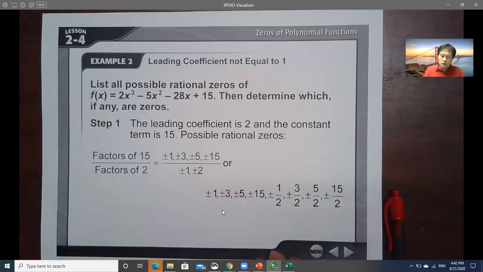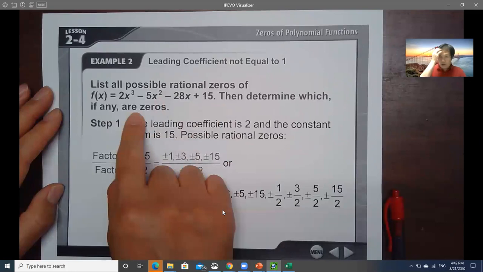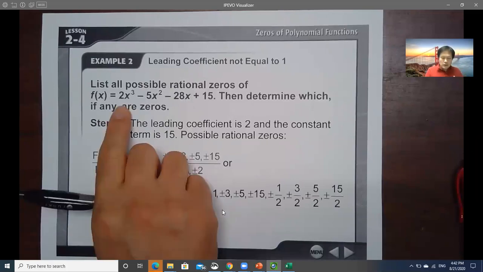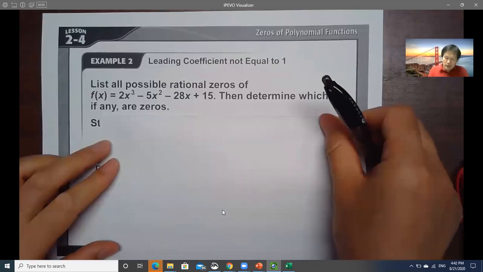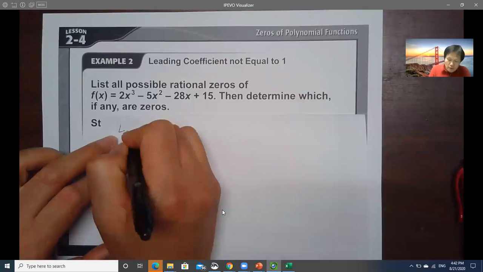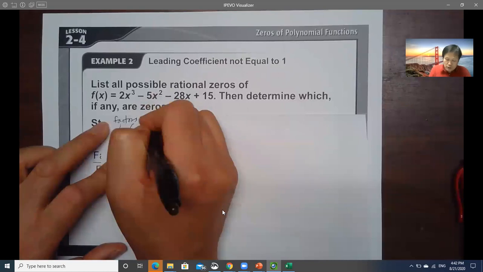Okay, list all possible rational zeros of this, then determine which, if any, are zeros. Exactly the same thing. Only thing is now the leading coefficient is not 1 anymore, so that will give you more choices. So the leading coefficient, which is a 2, factors of 2 will be 1 and 2.